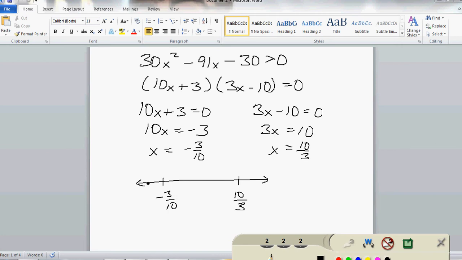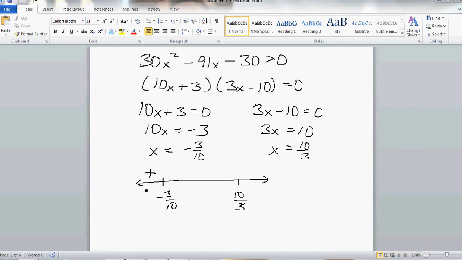So we plug in negative 1, that becomes 30 plus 91 minus 30. Well, that's a positive. So that's going to become positive. Then 0. 0 minus 30, that's negative.